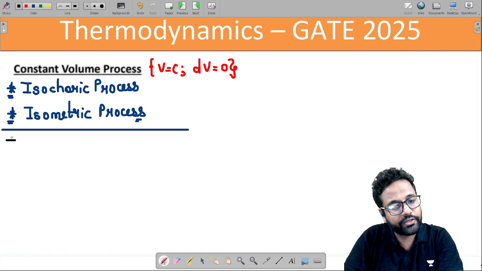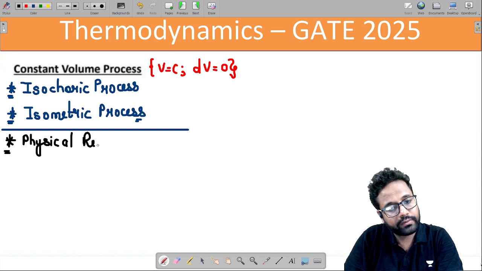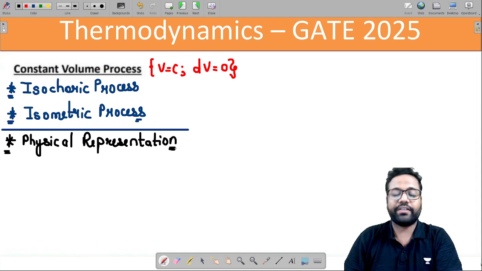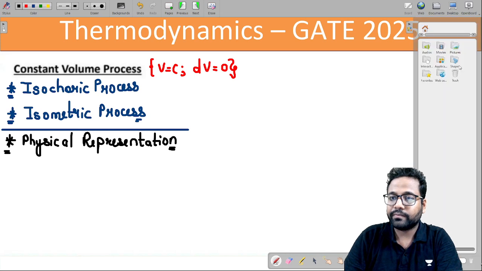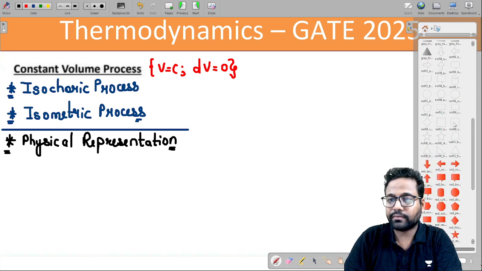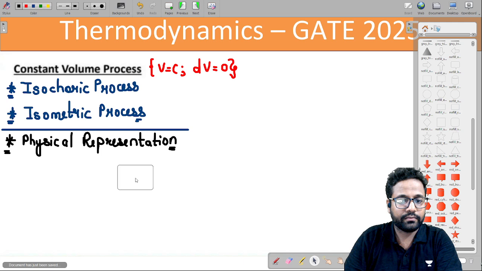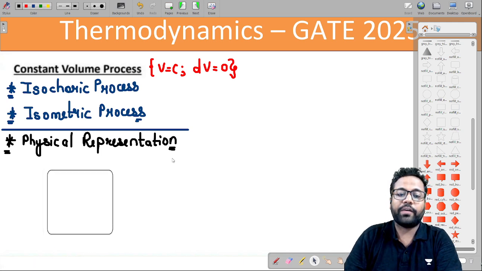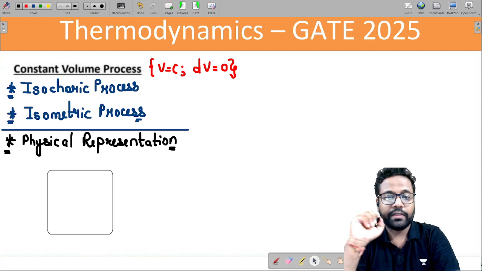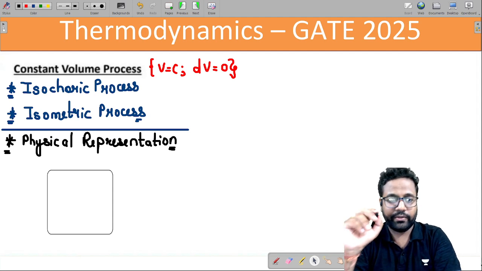So let me explain this to you. बच्चा, मान लीजिए if you are having a rigid container, let me take some shapes and explain. So मान लीजिए if you are having a container, this is a rigid container, okay?